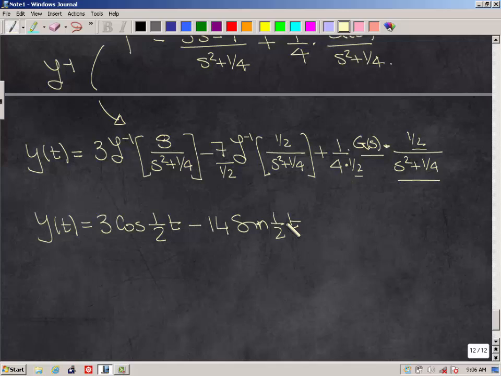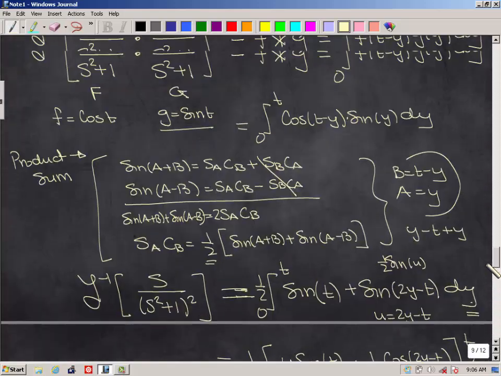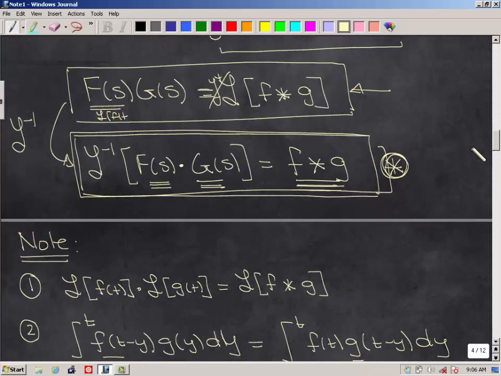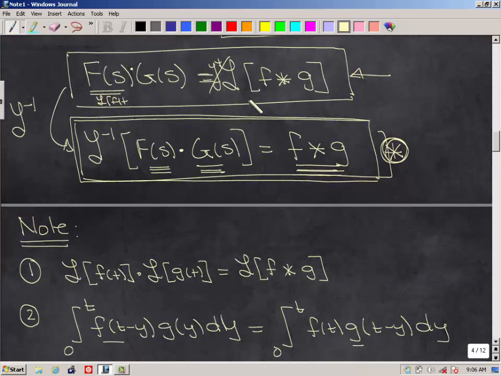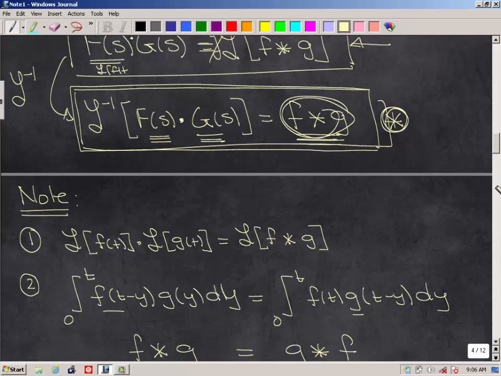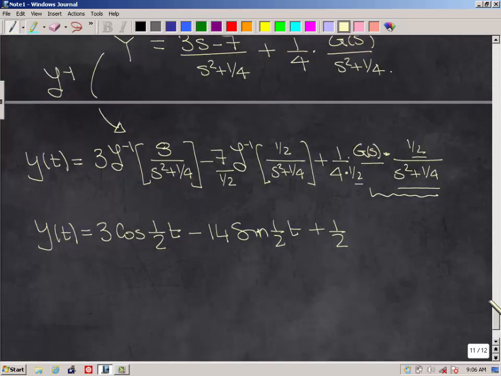That'll give us that, plus this 2 will go to the top, will cancel with the 4 and become 1/2. And now this, since this is a product of two transforms, what happens? How do we write products of two transforms? Okay, when we do the inverse, oops, did I forget the inverse? The inverse of the product of two transforms is a convolution. So you want to write it as a convolution, and I forgot to put the transforms here, so that's my bad.